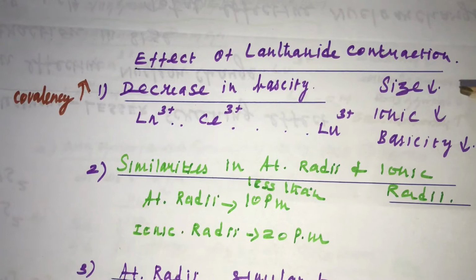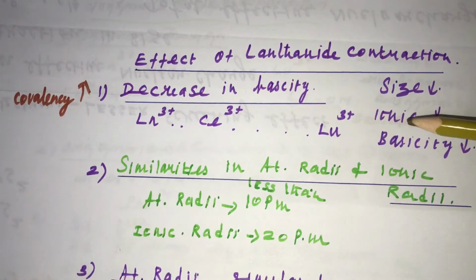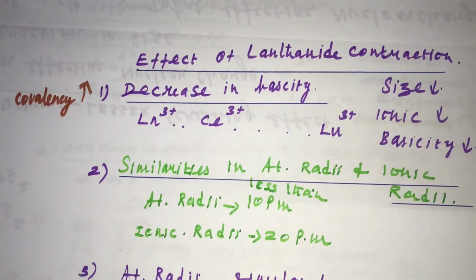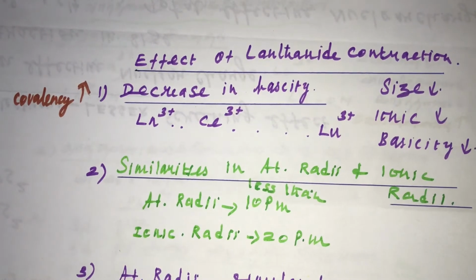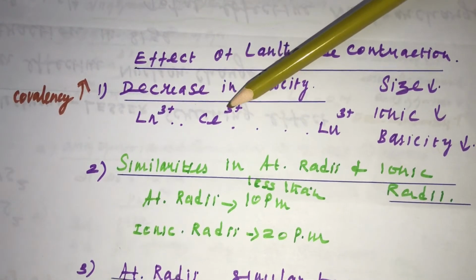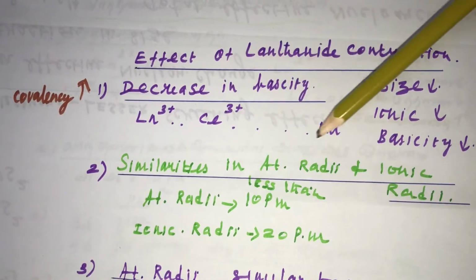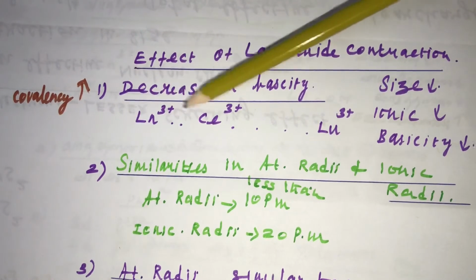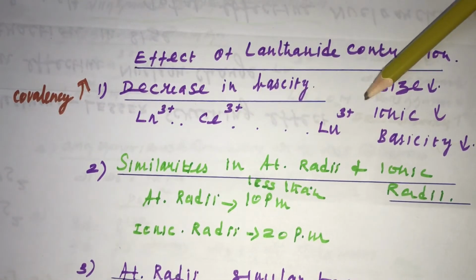Effects of lanthanide contraction. What are the consequences of lanthanide contraction? The first effect is the decrease in basicity. How does basicity decrease? See here, on La3+, Ce3+ to Lu3+, as the size of the cation decreases, ionic character also decreases, thereby basicity also decreases.